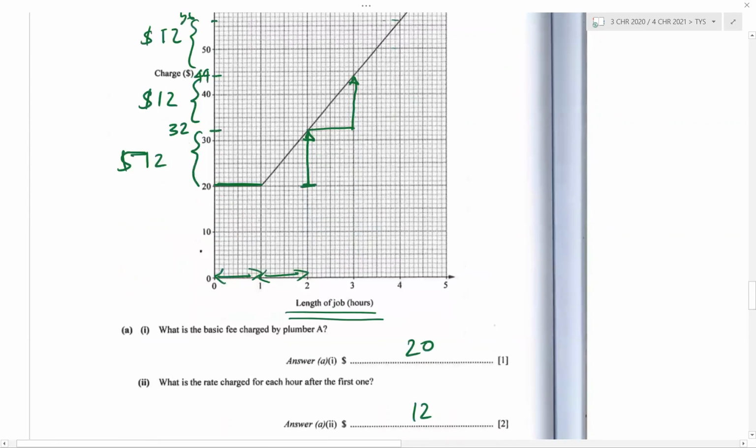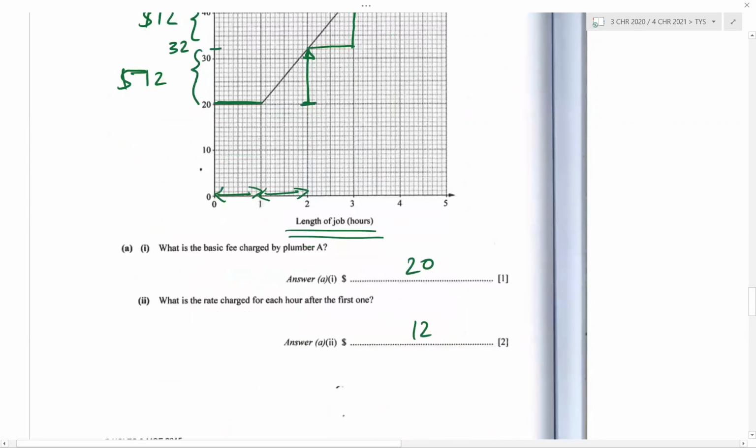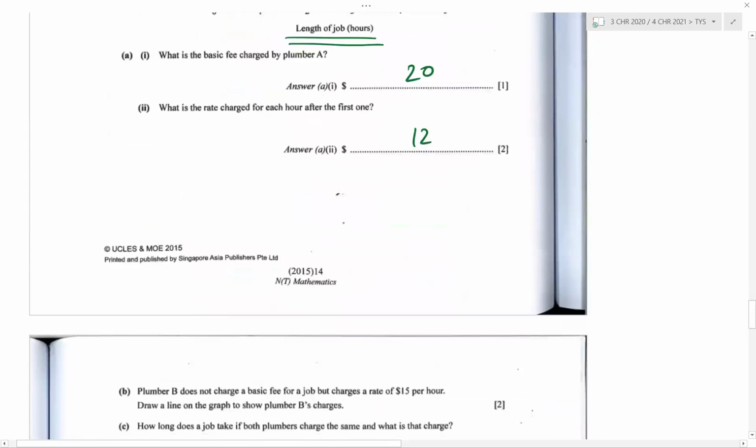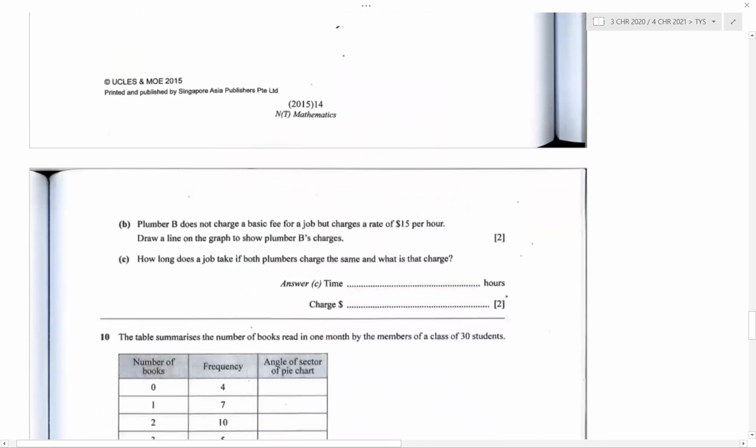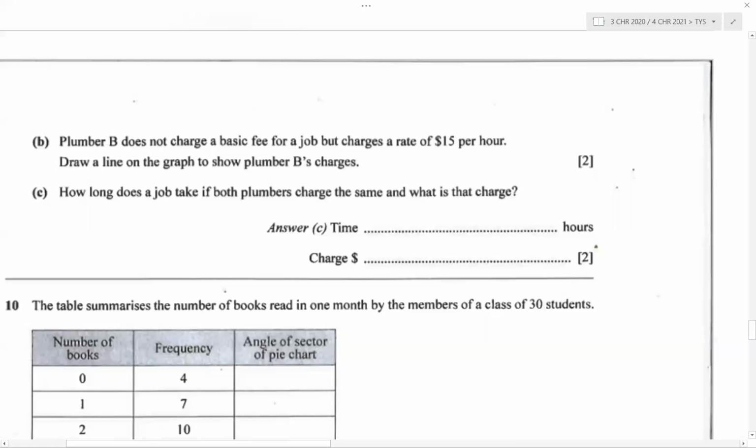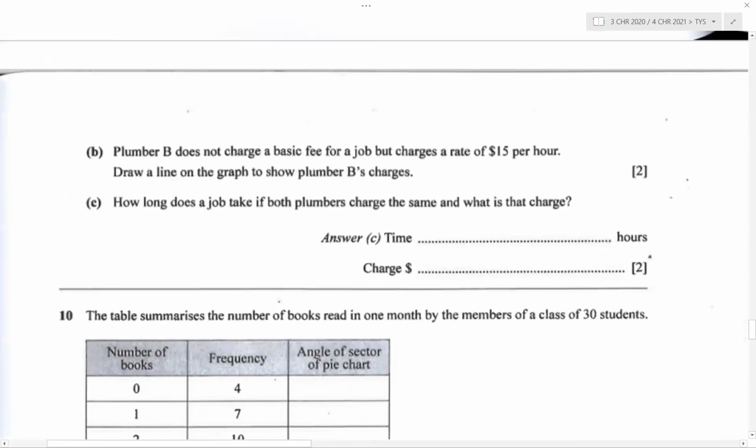Next, we've got a competitor, plumber B. Plumber B says, I don't charge a basic fee. You pay me by the duration that I am there for. But the cost is $15 per hour. Think about it, next time when you buy your own house, you have to engage a plumber.